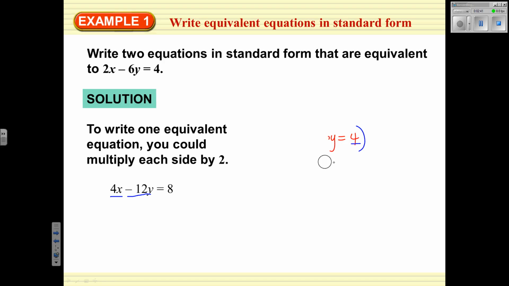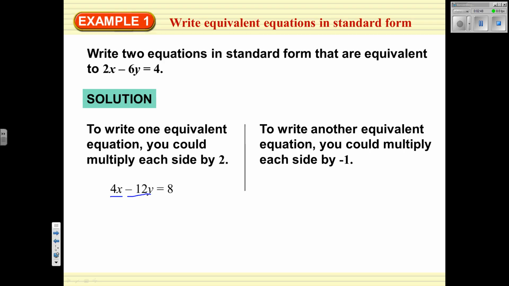Another option to write an equivalent equation, and I always like to keep it easy, is to multiply each side by a negative 1. Just change the signs of everything. So again, it would be taking our original standard form equation and multiplying the entire equation by negative 1. We would get negative 1 times 2x, negative 1 times negative 6y, and negative 1 times positive 4.